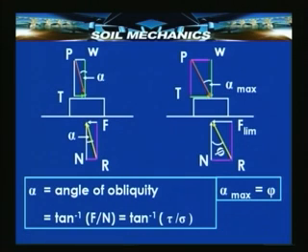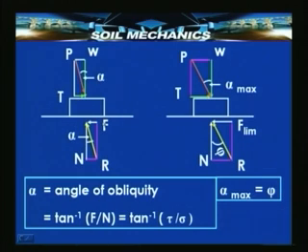Let us say there is a rectangular block resting on a plane offering friction. This rectangular block, let us say, has a weight W. Corresponding to W, there will be a normal reaction N. Now, suppose you apply a shear force T, a tangential force T, shown by this green line.